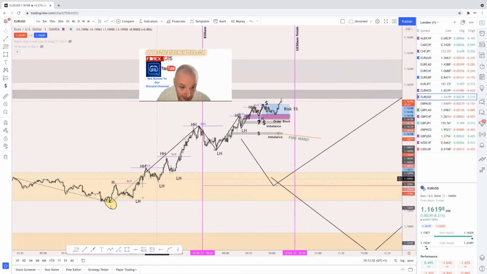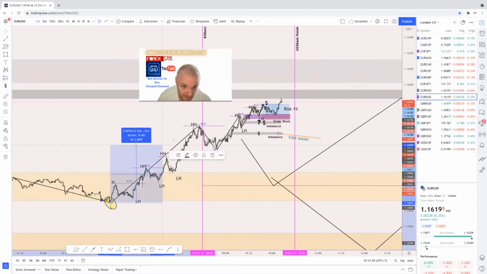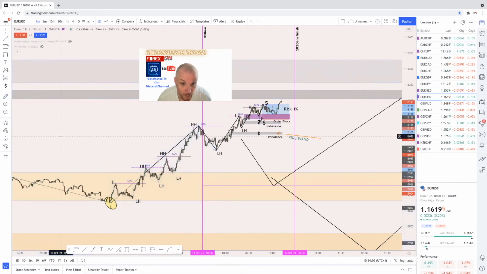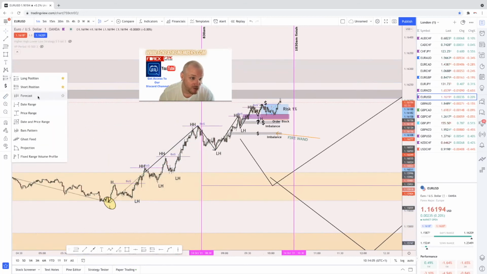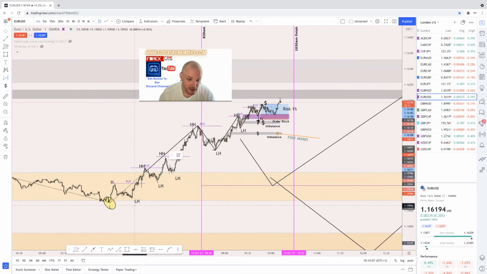So the run of play, we had a continuation of trend. This was a good push, to be fair. This was worth around about 24 pips, which is fantastic when you think about it in the price range itself, okay? The range itself was around about 2 hours.